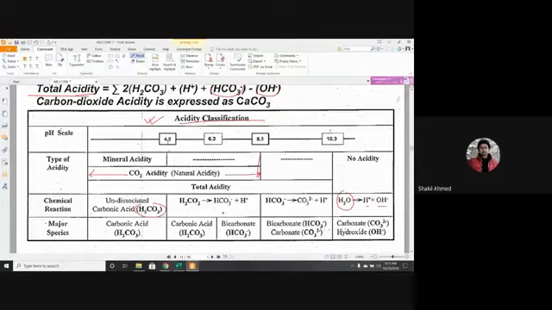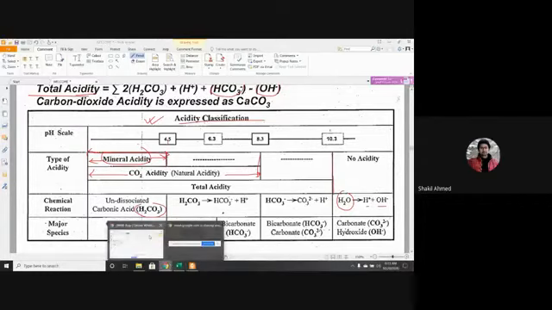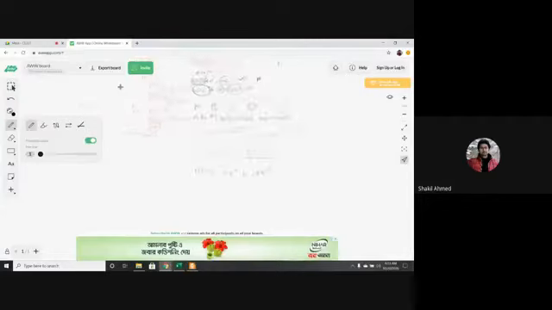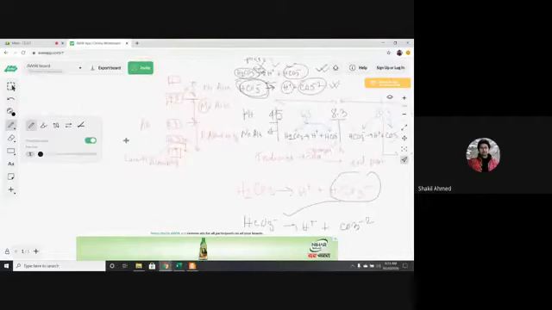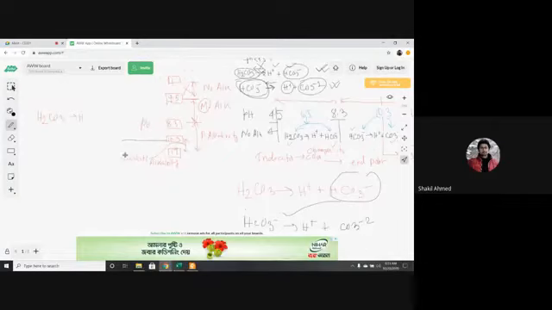And the acidity smaller than 4.5 pH, starting from 0 to 4.5, is called mineral acidity. And beyond 10.3, there is no acidity.